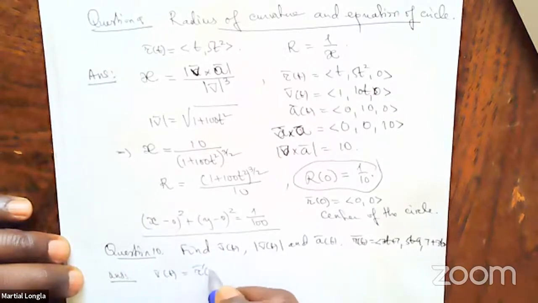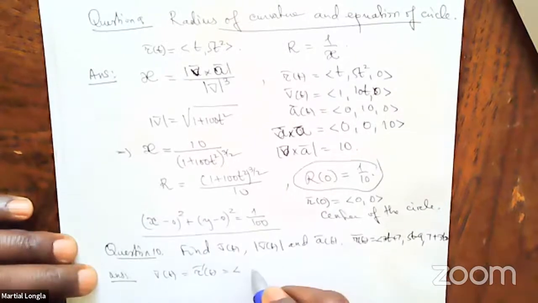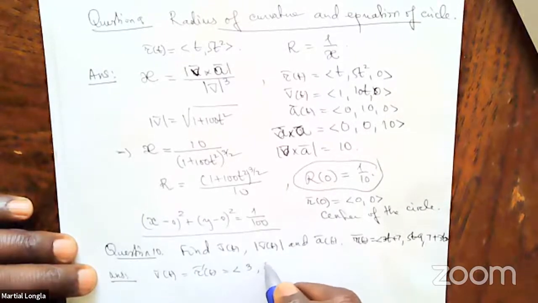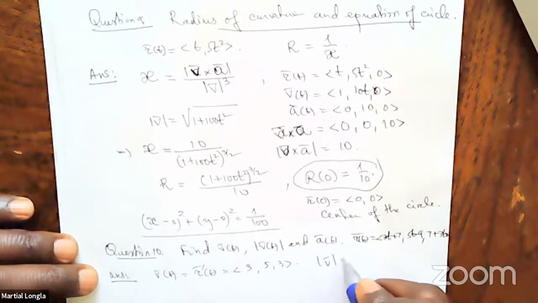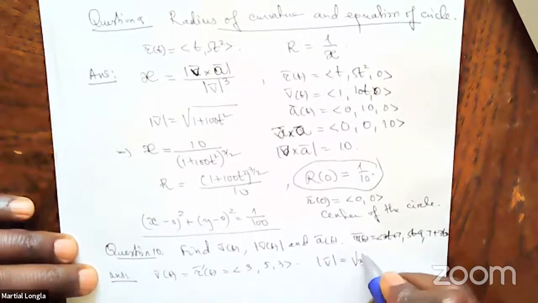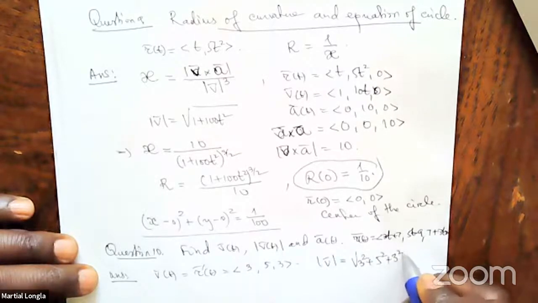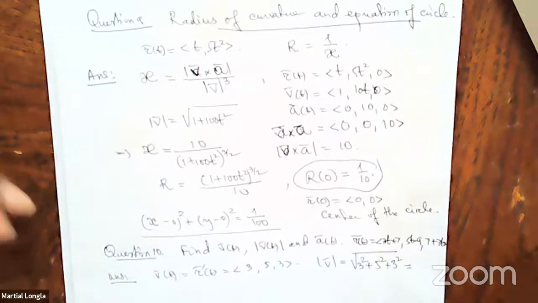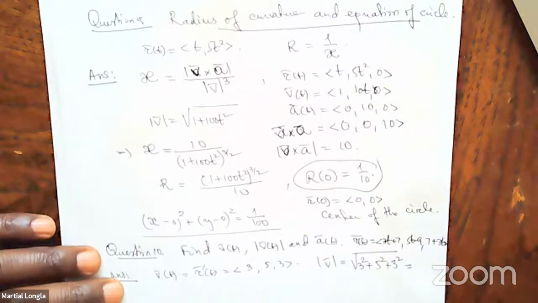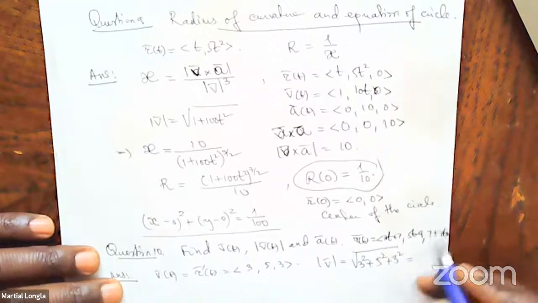v of t is r prime of t. That's a derivative, so that's 3, 5, 3. Magnitude of v, that's square root of 3 squared plus 5 squared plus 3 squared. 9 plus 9, that's 18, plus 25, 43, right?